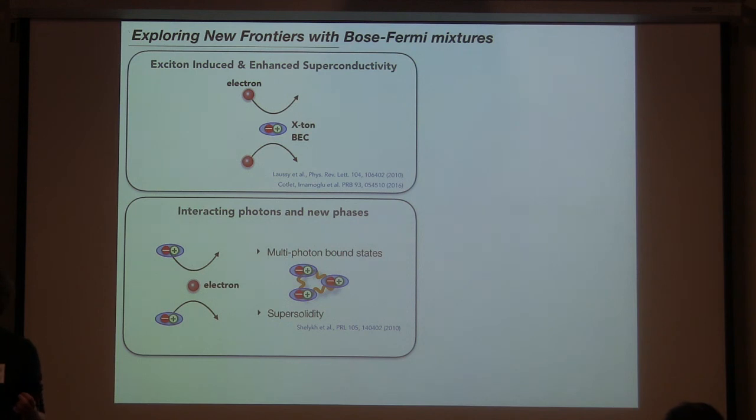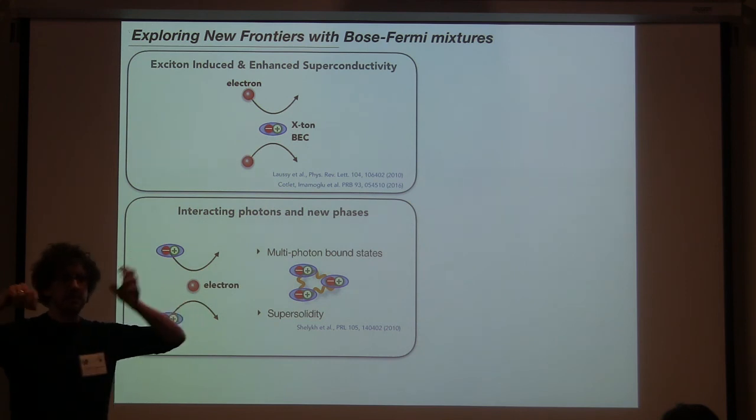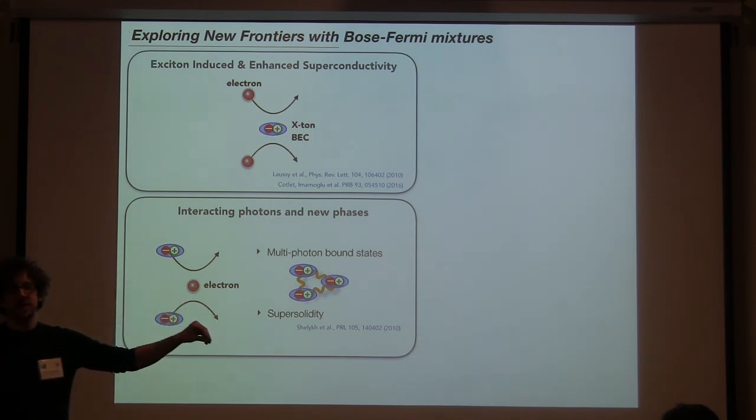Does somebody remember it? You mean photosynthesis, light harvesting? Yeah, the light harvesting molecule. There you have this molecule excited on one side, and then the excitation travels from side to side.